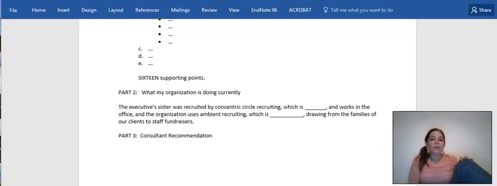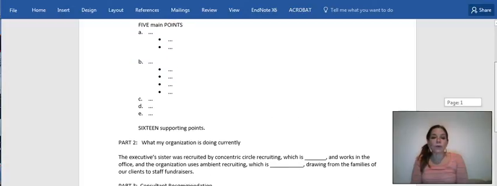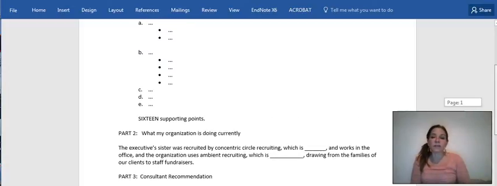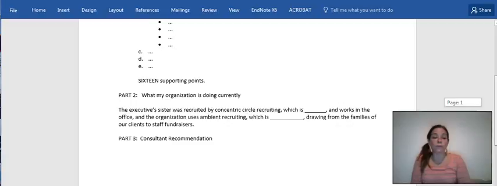Okay, so now you know that so far the only thing they do are those 2 things. But if you were to count up all these bullet points under your final part 1, you would notice that there are 16. Obviously, I haven't typed them all out here just to save you from having to watch me do that. But they use 2, concentric and ambient recruiting, and there are 16.